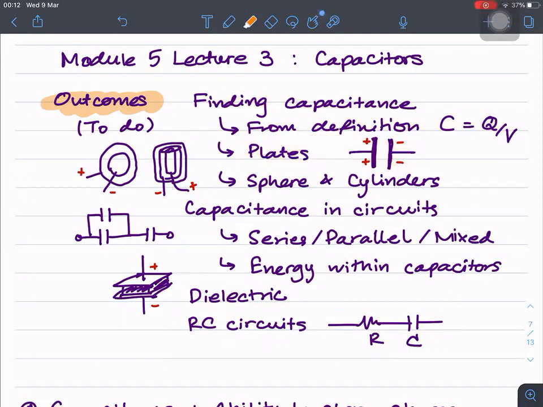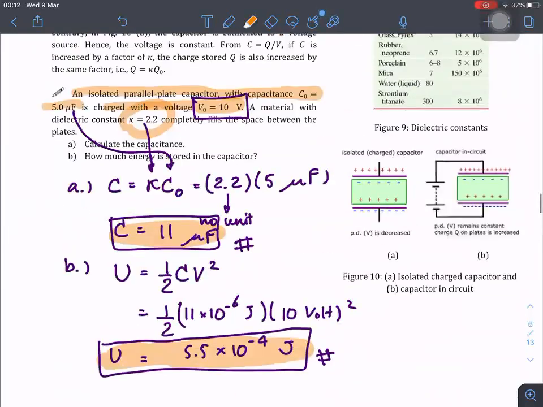The sphere and the cylinder, we have done the cylinder, but the sphere uses the same principle. And we have discussed connecting capacitance in series, parallel, and mixed circuits, and we are able to calculate the energy within the capacitors. Also, if you change the material with a different dielectric constant, it could directly change the value of C.